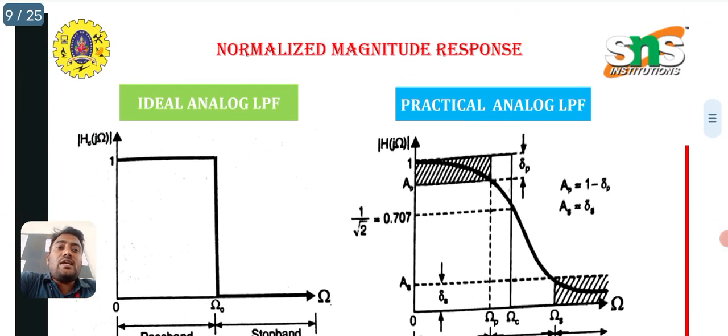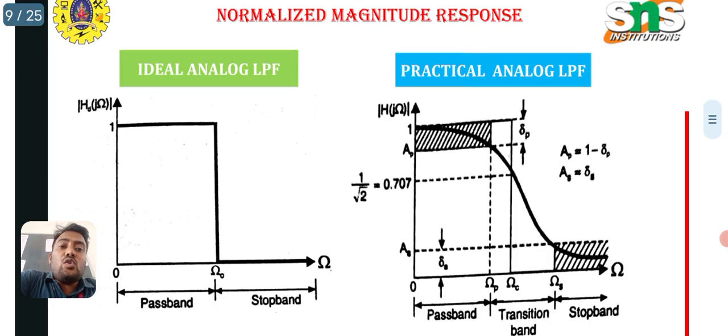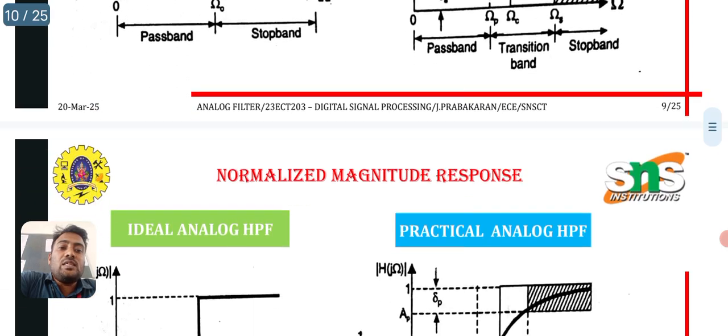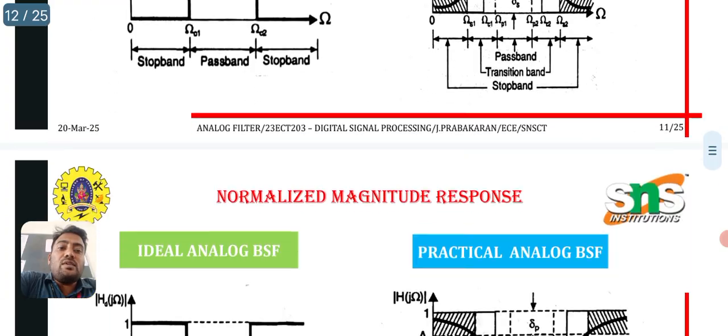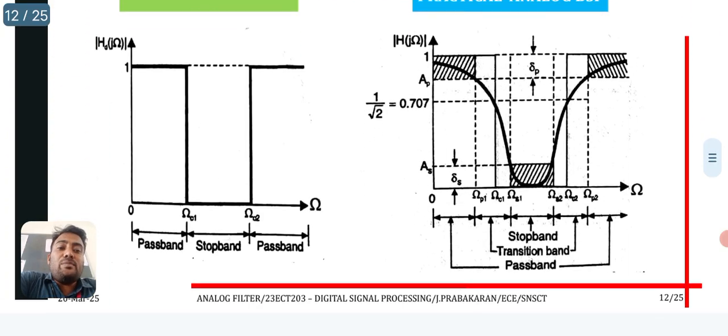And here you can see the ideal low pass filter response, with both pass band and stop band frequency. This is the high pass filter, this is the band pass filter, and this is the band limit filter.